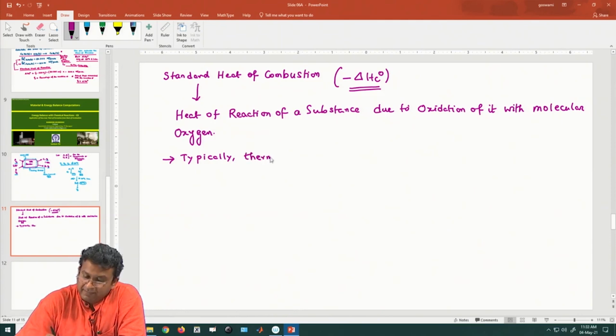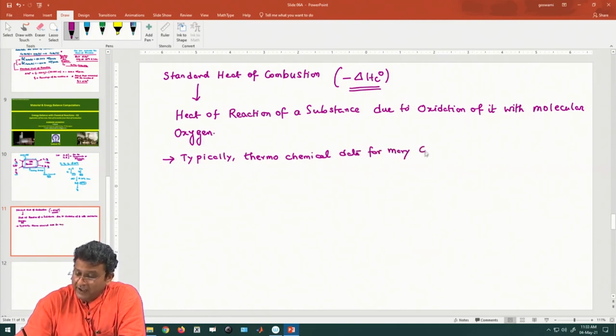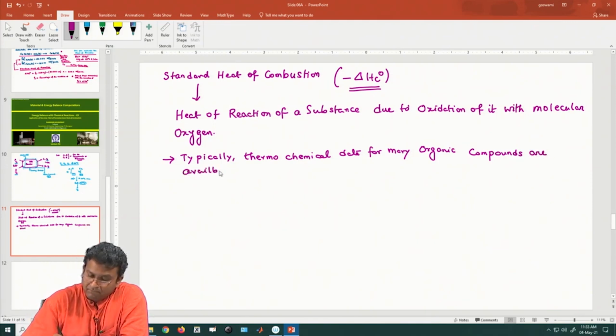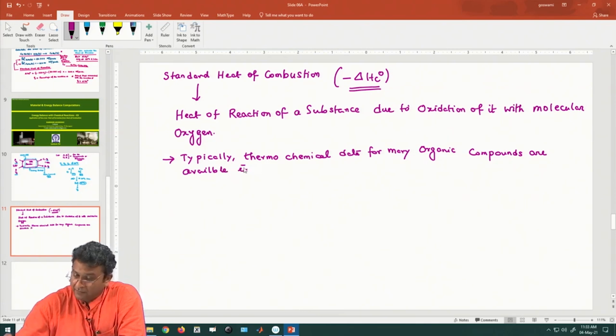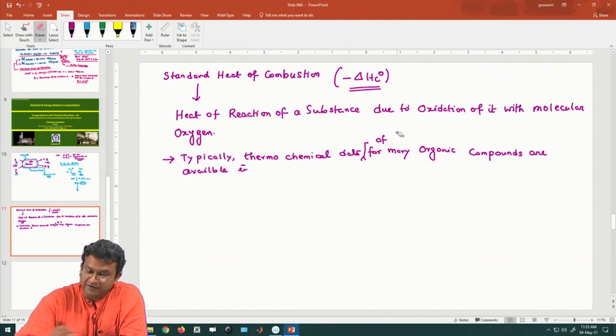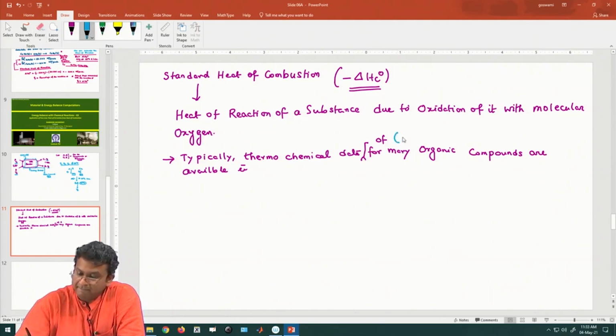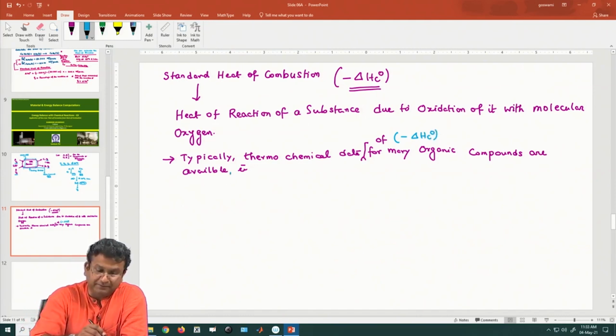Typically, thermochemical data for many organic compounds are available as data of heat of combustion, right.